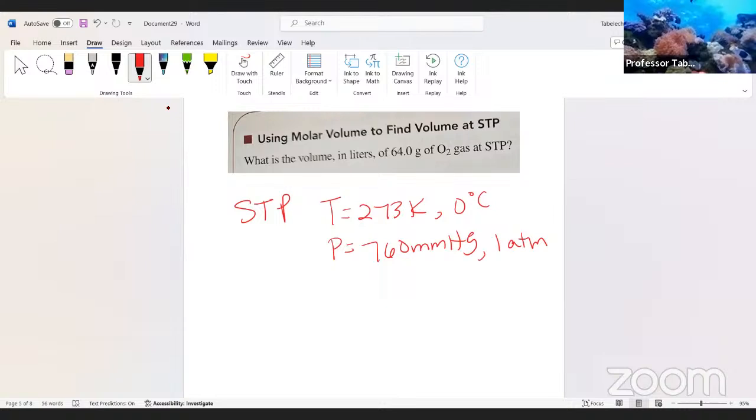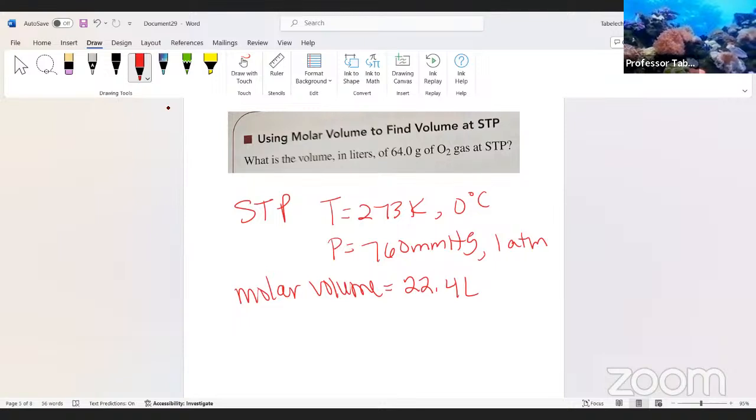Now, whenever they're asking about volume, the molar volume that you're going to use is what Jose said, the 22.4 liters. So those are some of the things that you will need in order to solve this problem.